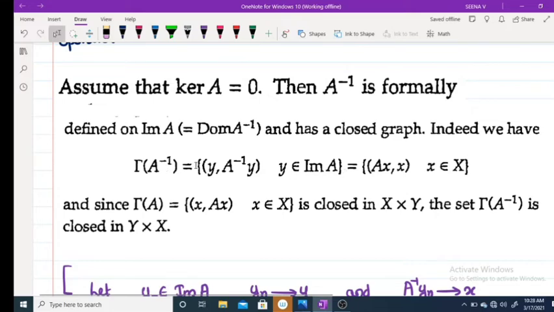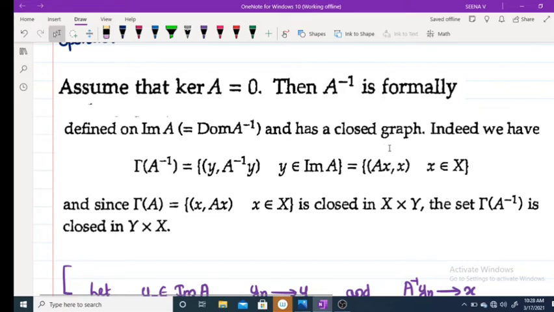By the same definition, Gamma(A inverse) is the set of all (y, A inverse y). Here the domain of A inverse is the image of A, therefore y belongs to the image of A. So y belongs to the image of A means there exists x belonging to X such that y equals Ax.